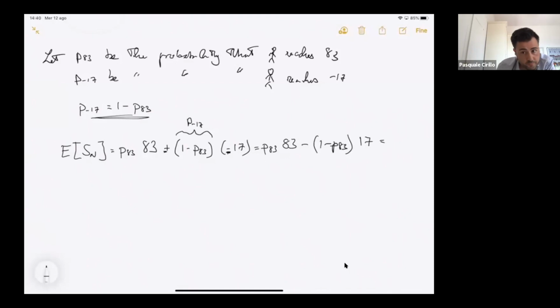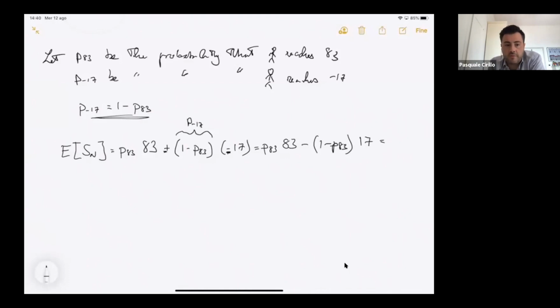Now, what I know is that capital Sn is a martingale. So if I condition this expectation on the state I am in now, it needs to be the same.